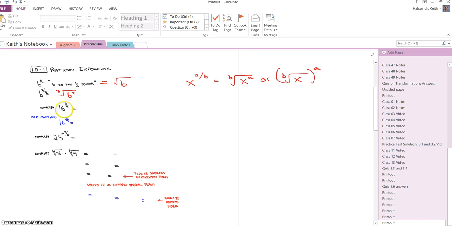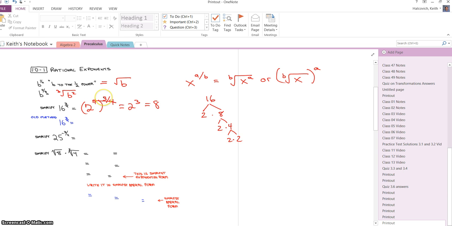One way is you can change 16 to 2 to the 4th, because you can factor 16: it's 2 times 8, 2 times 4, which is 2 times 2. So that's why it's 2 to the 4th, raised to the 3/4 power. And remember, when you raise an exponent to a power, you multiply. So the 4's cancel out, so it's just 2 to the 3rd, which is 8.